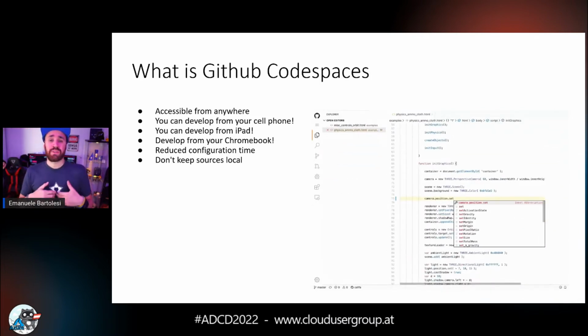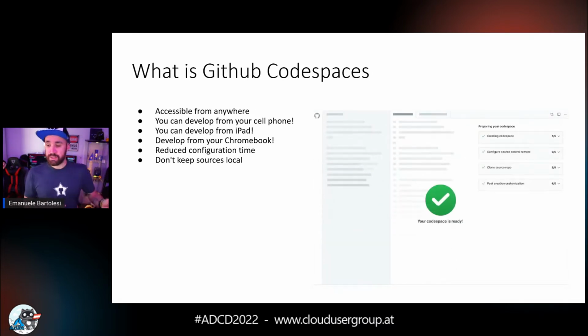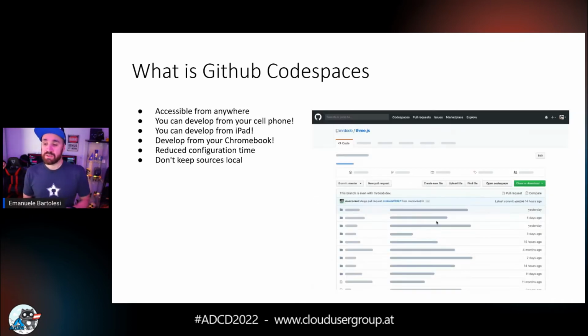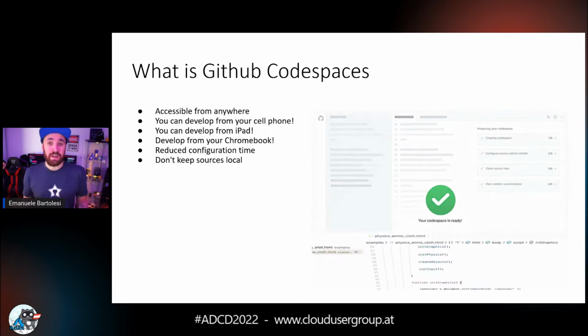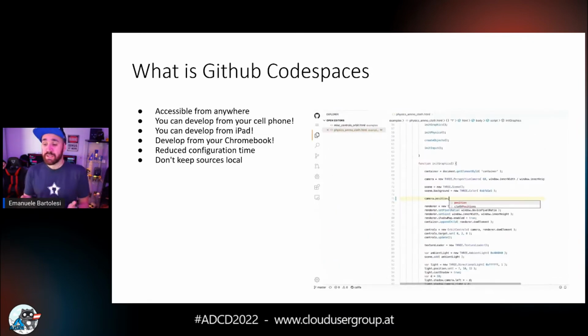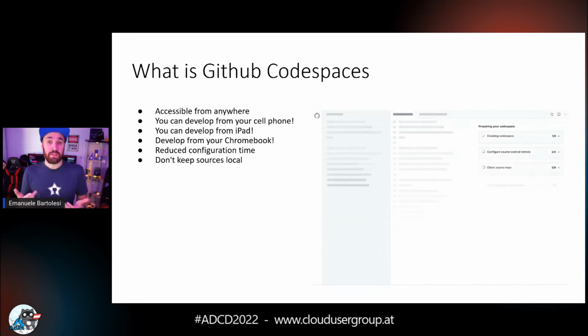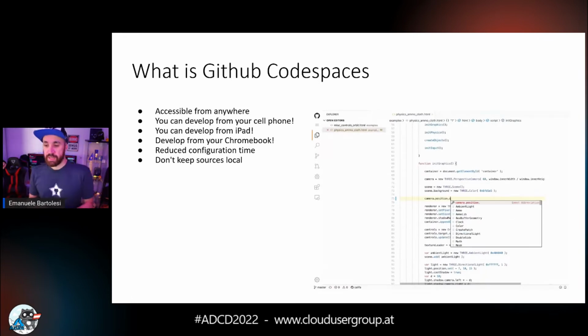And if you want to reproduce the same environment for, let's say, another developer in your team, because he is new on the team, you don't have to install anything on his machine, but you can use directly the configuration file from Codespaces. But let's see together later how it works as well.